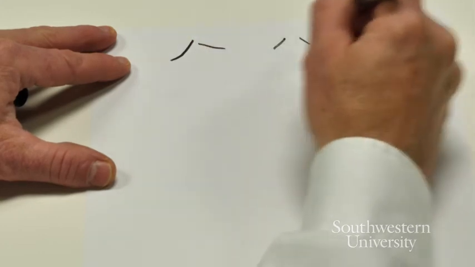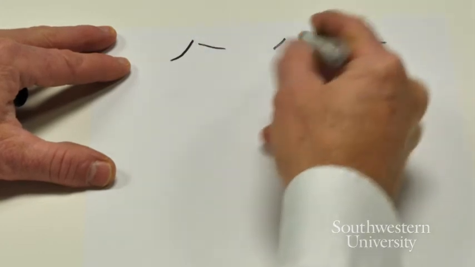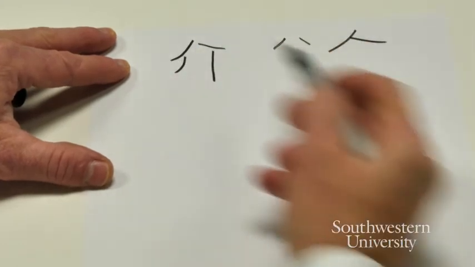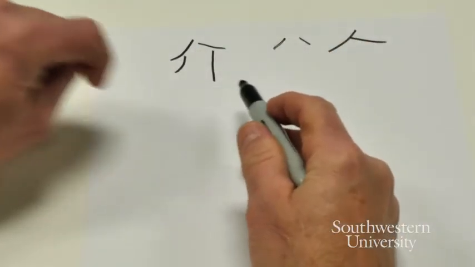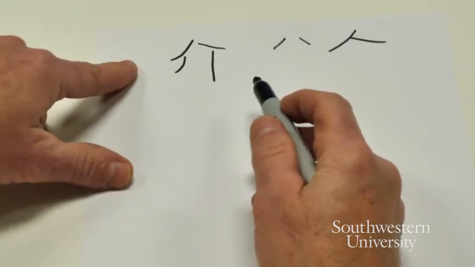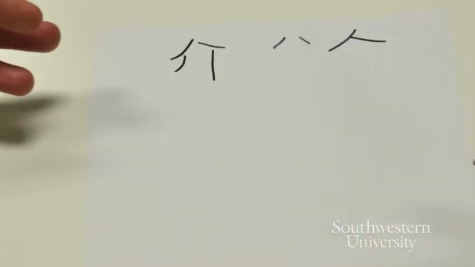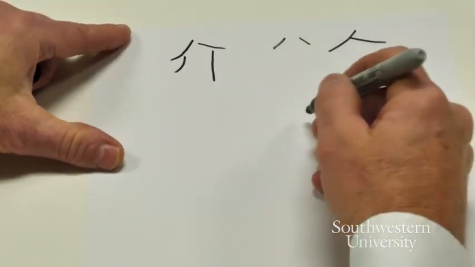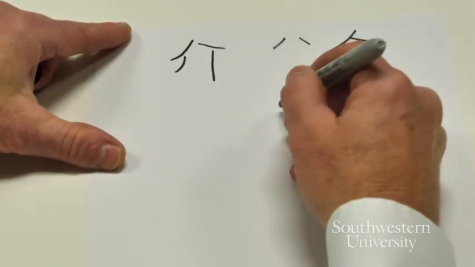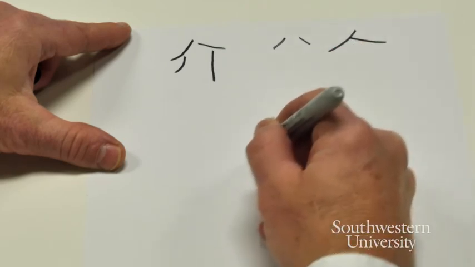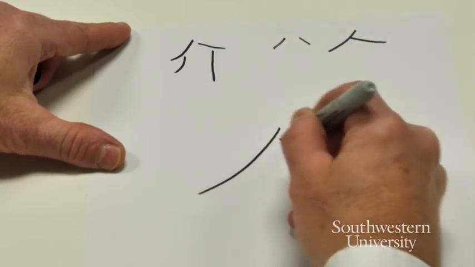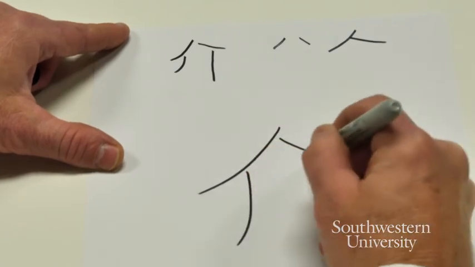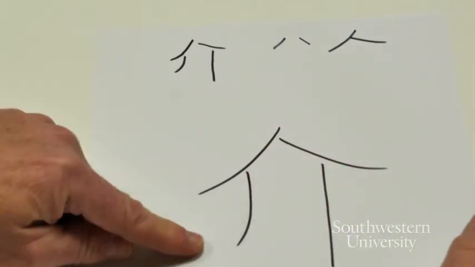The top part is ren, and then the division is underneath that. The division of people like a border. So jie usually means border or boundary. So introducing people across boundaries is kind of the rough idea, I suppose. But it could be just borrowed for its sound. So you write the top part like that. Pie, na, and then again, pie, shu. Jie.